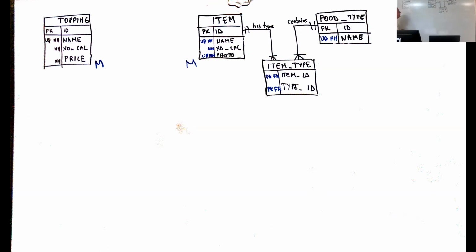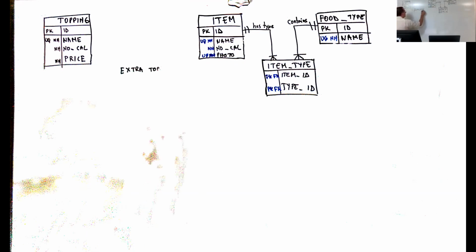So how we name it, I will say here extra topping because that's what we wanted to. Yeah, extra. So I will name it this one extra topping with the underscore between.